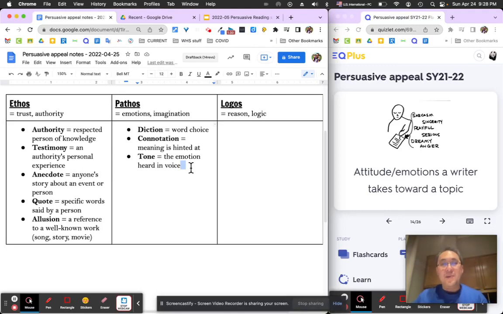For example, "You did your homework." "You did your homework." "You did your homework." Three different ways of saying it, all different tones, all different emotions. One was "Oh, I hope you did your homework," versus "I don't think you did your homework," versus "Yay, hooray!" So three or four different emotions.